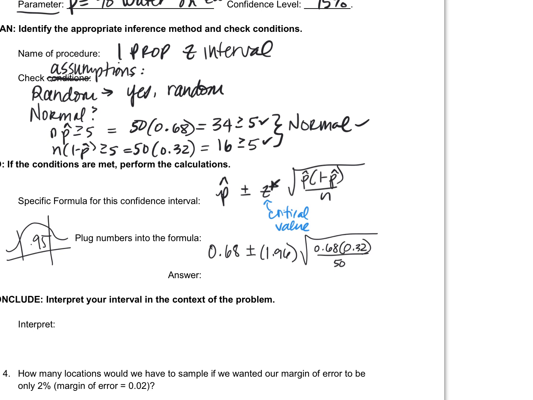So I get 0.68 plus or minus 0.129, which gives me 0.551 and 0.809.